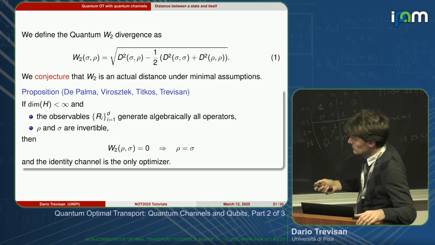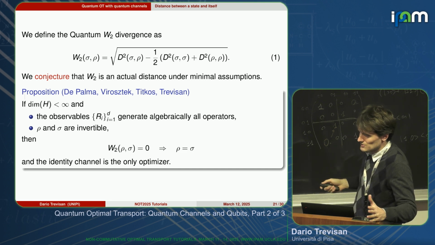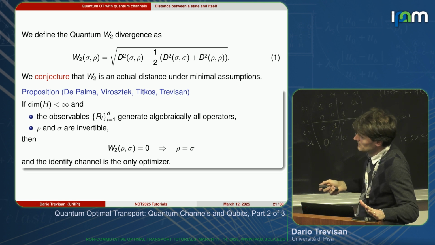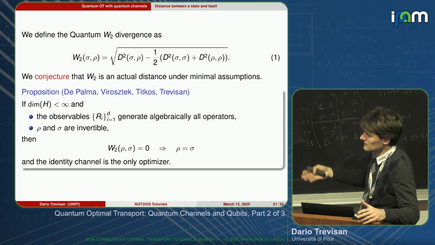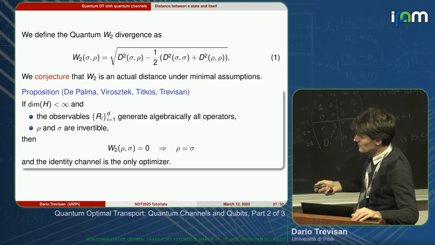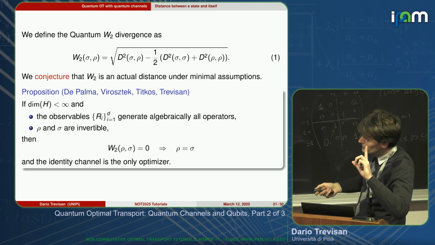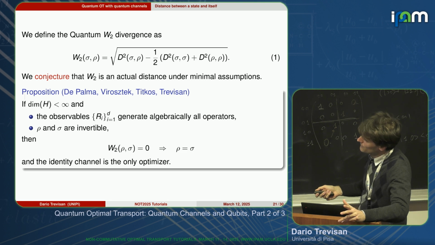So far what we're able to prove is this. Remember, you can always take the cost to be identically zero, so of course this trivializes everything. But if the dimension of the space is finite and the observables that you choose generate all the operators as an algebra, and if rho and sigma are also invertible, which is important, then if this divergence is zero, the costs are the same.